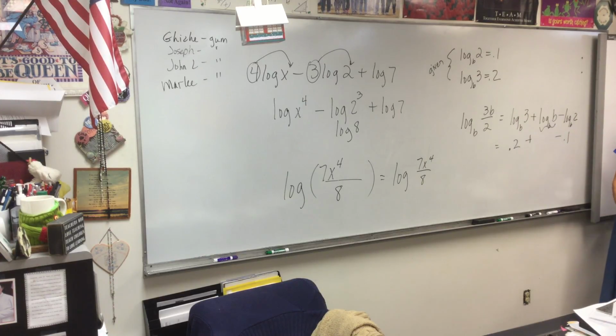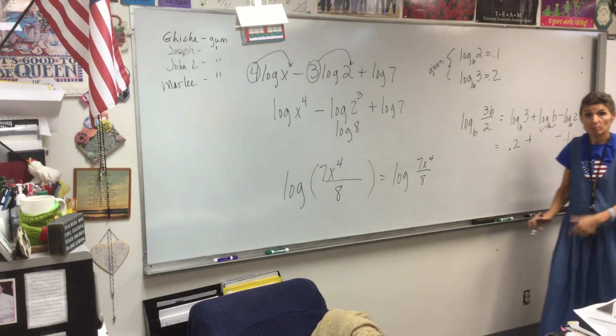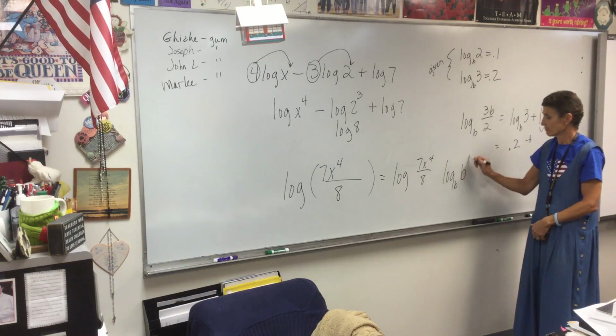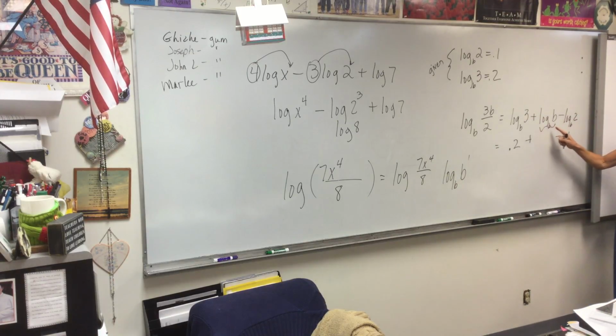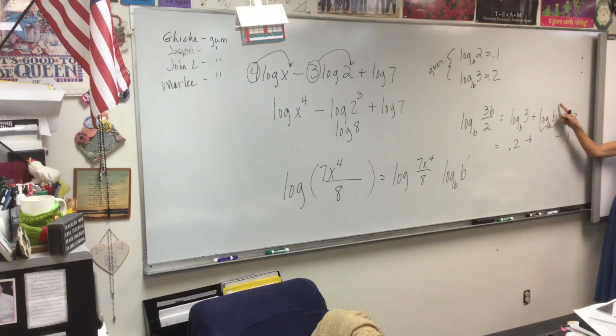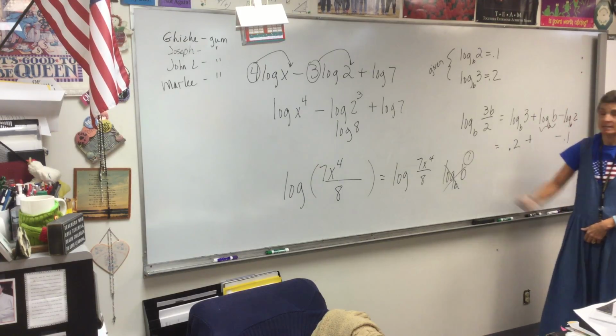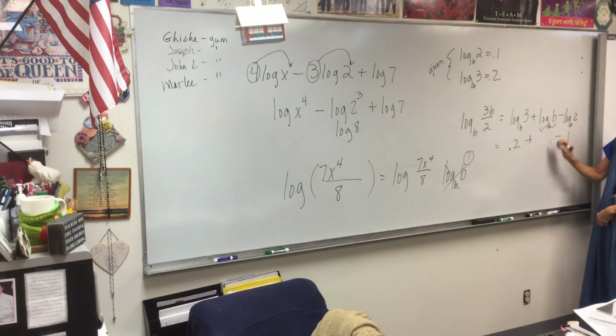But this goes back to something we've already talked about. In fact, we talked about it in person. The log base b of b to the 1st. That's what this is. The log base b of b to the 1st is just 1.